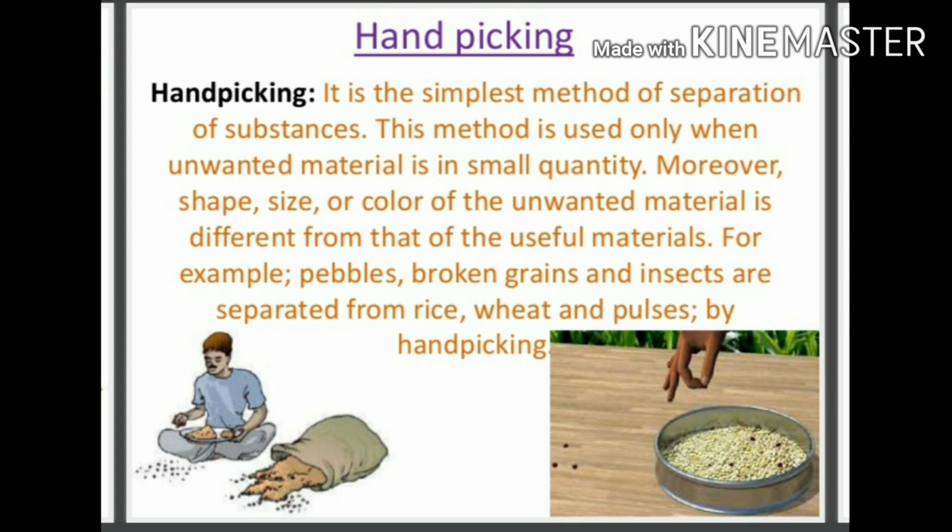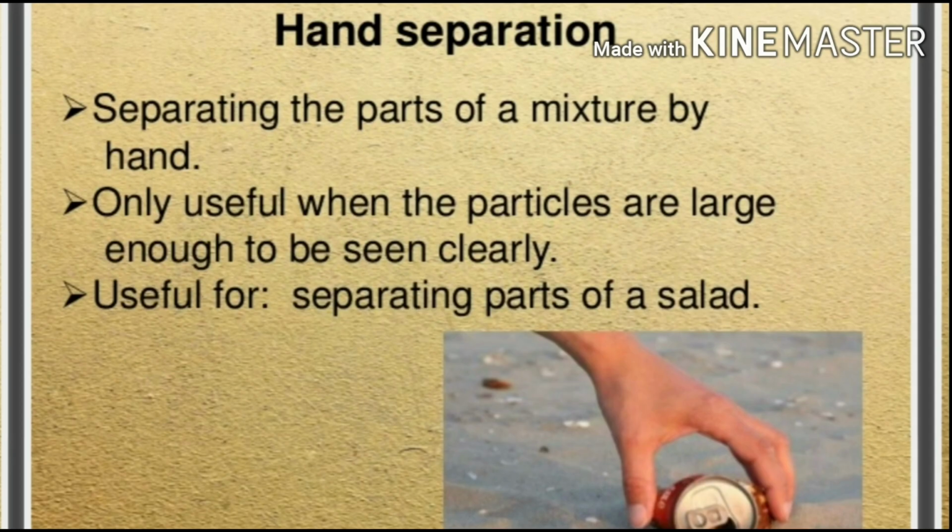It is one of the simplest and primitive methods which is used to extract substances depending upon shape, size, color, wanted or unwanted, useful or harmful, such as pebbles, broken grains. Insects are separated from rice, wheat, and pulses with the help of hand picking. But for this, the particles should be large enough to be seen by naked eyes.